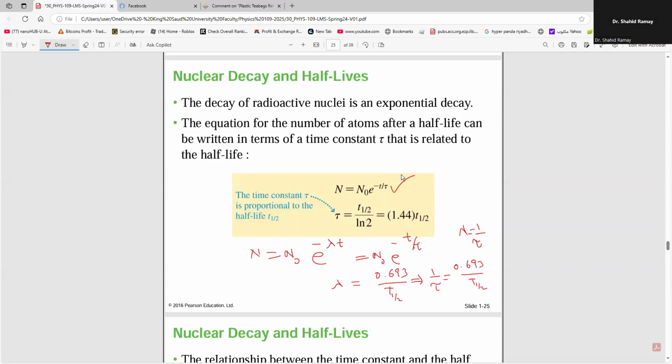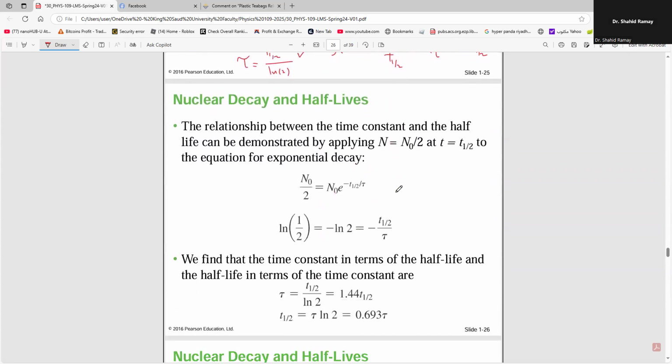So you can write it in another form, that tau is equal to T half divided by 0.693. 0.693 means log of 2, this is log of 2 actually. So these are the different forms of this equation.